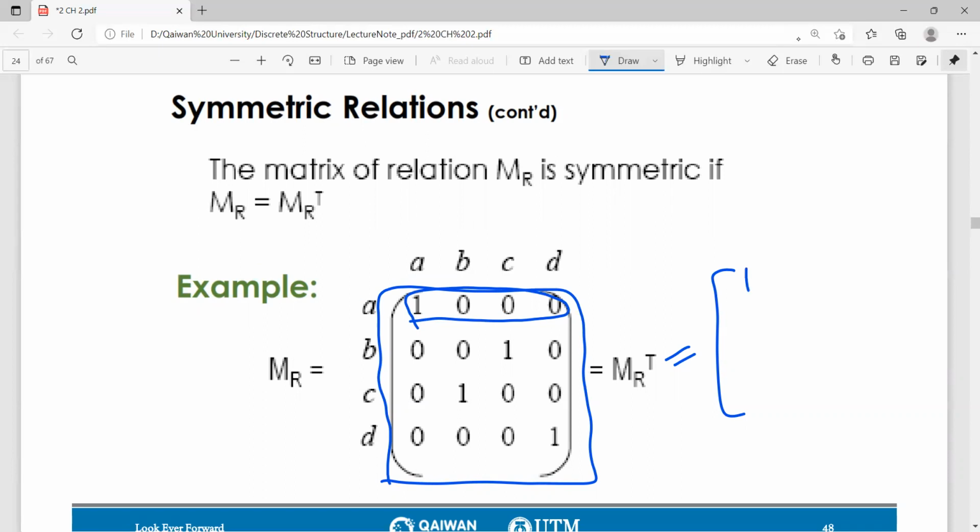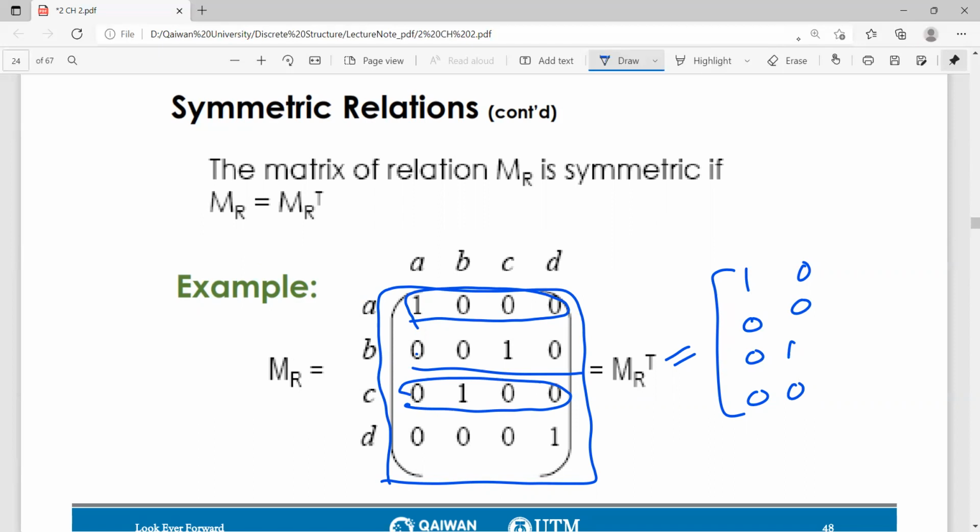It becomes 1, 0, 0, 0. And the second row becomes the second column, so it's 0, 0, 1, 0. We just write it down vertically. Then the third row becomes the third column, so it's 0, 1, 0, 0.